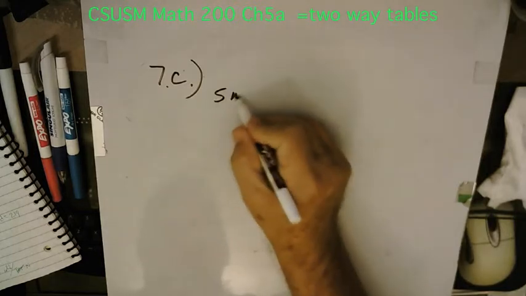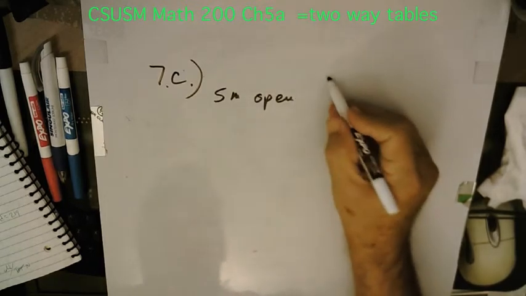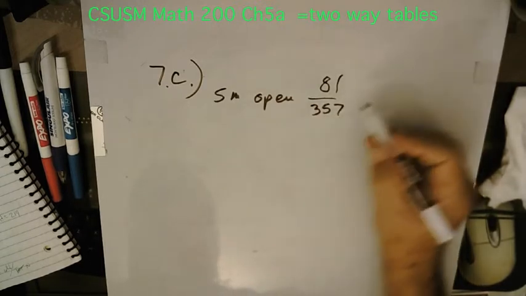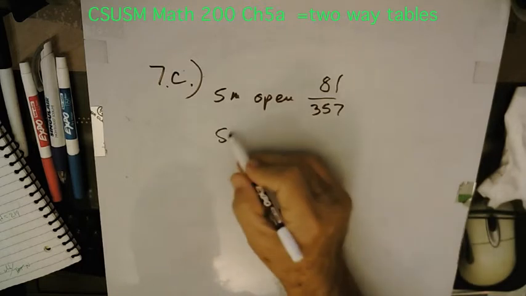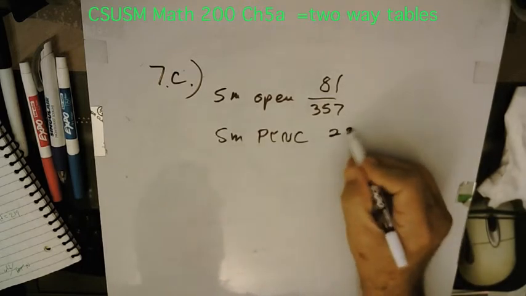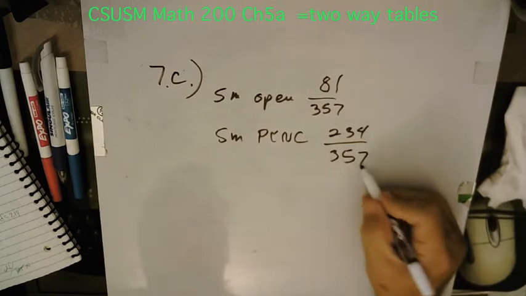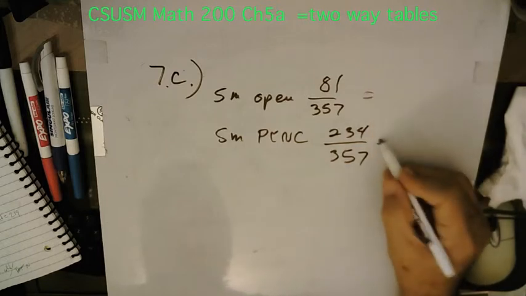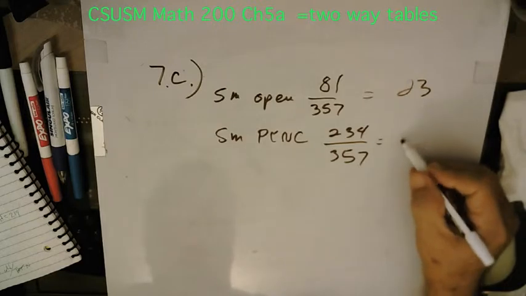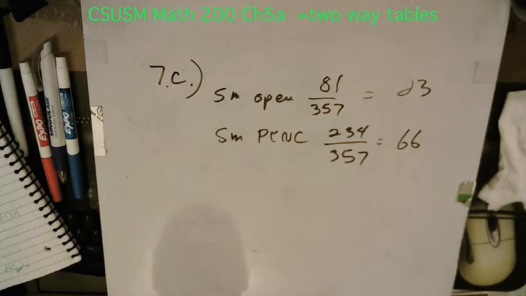So the small open turns out to be 81 out of 357, and the small PCNL turns out to be 234 out of 357. So those percents came out to be about 23 and 65, or 66, rounding off a little bit.